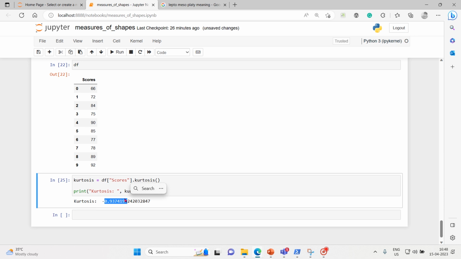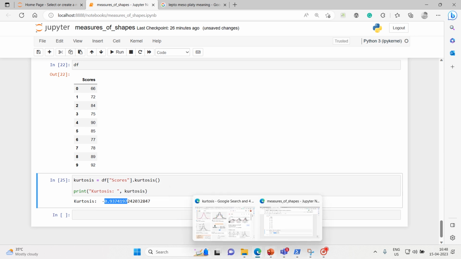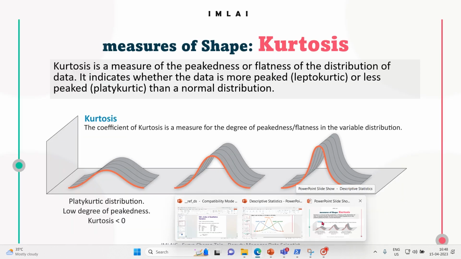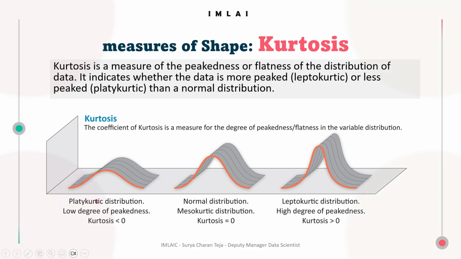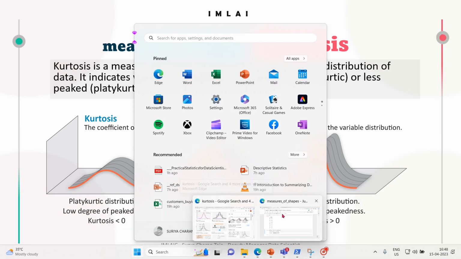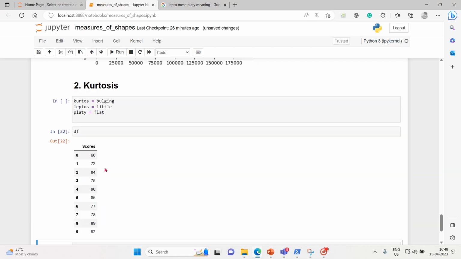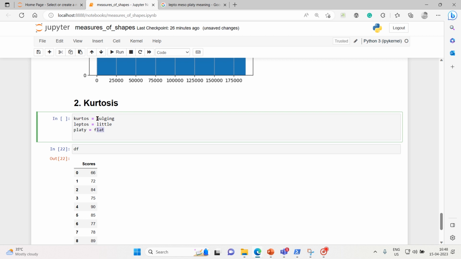If it is a negative kurtosis, what do we call it? The negative kurtosis is called platykurtic distribution. Platy means flat, kurtic means bulging. So platykurtic is flat bulging.